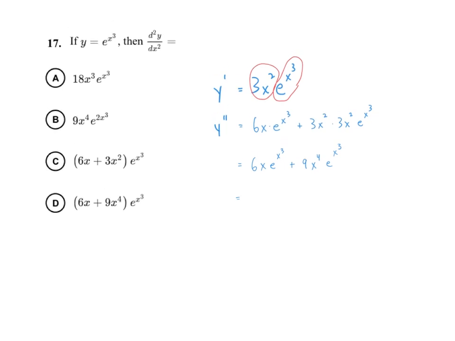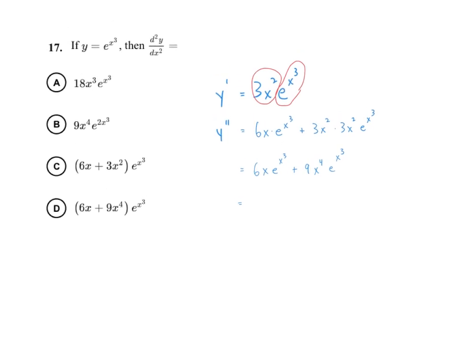They only factor out an e to the x cubed. And so we can see it's going to be D, right? When we factor out that e to the x cubed, we're going to get a 9x to the fourth, because there ended up being those 2, 3 to the, yeah. So it's got to be D.